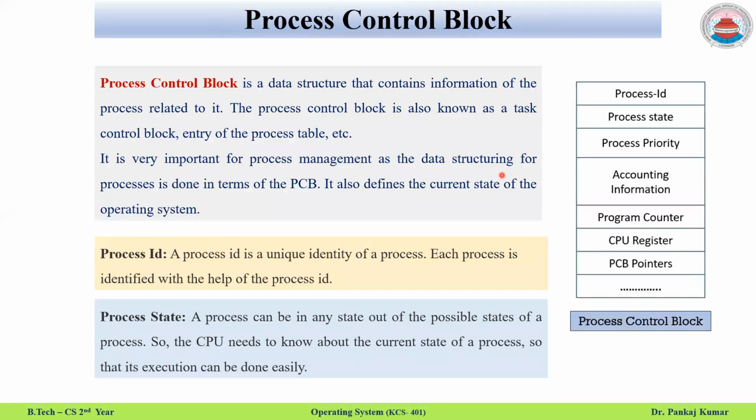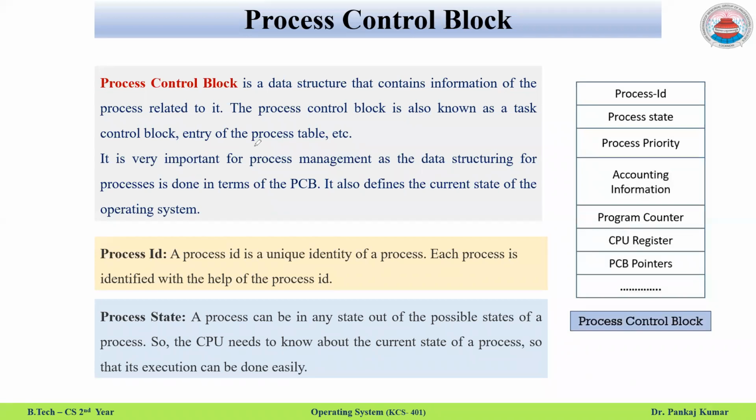Now come to process control block. Process control block is a very important part nowadays. If you are seeing any home appliances in your house, such as a fridge, AC, or washing machine, there is an embedded system.